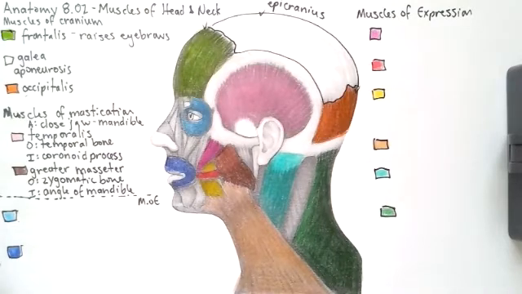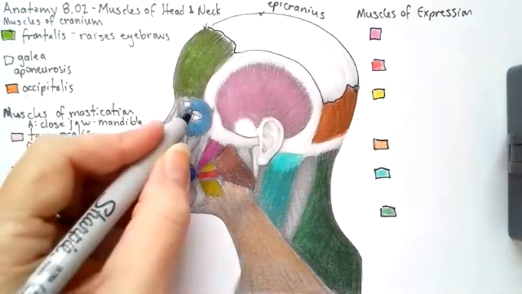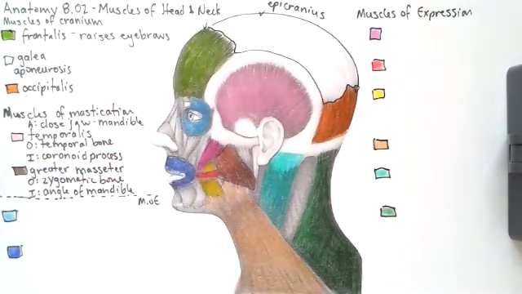The blue ones are down here because these are special. These are sphincters. And because they're sphincters, the name is orbicularis. And if you think about something that's an orbit, ORBI, that's circular. So because these are both circular muscles, they're both orbicularis. So the light blue is the orbicularis.